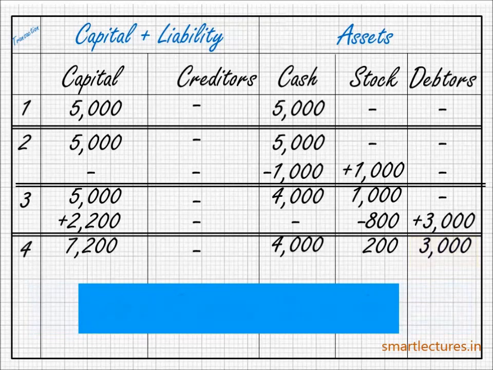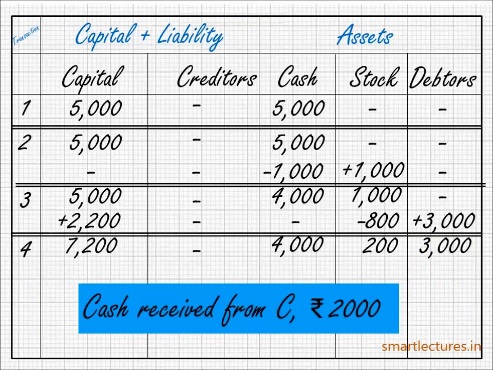Now, cash received from C rupees 2,000. Earlier we had sold goods to C on credit for rupees 3,000, and today we have recovered rupees 2,000 out of that money. When you recover money from the customer, it's not a profit. So capital, no effect, but cash will increase by rupees 2,000.